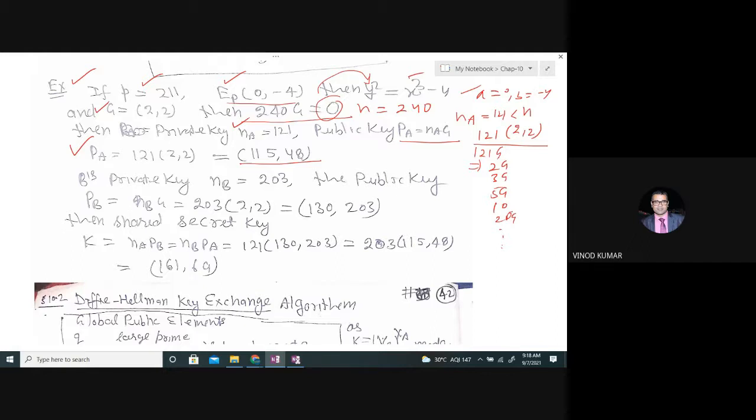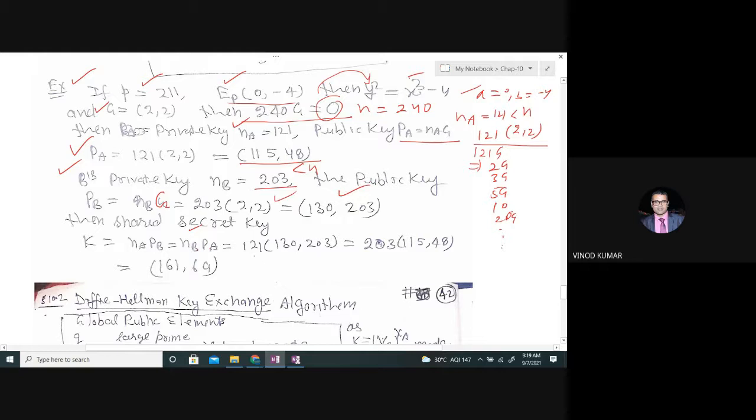Then the private key of Bob is 203, which is less than n. Then calculate the public key, which is nB into G. Now the shared secret key: nA into PB and nB into PA.